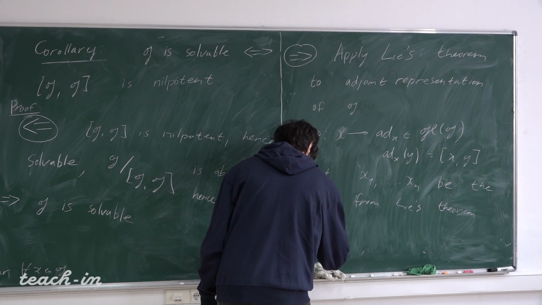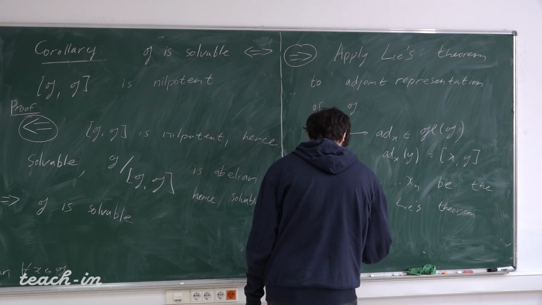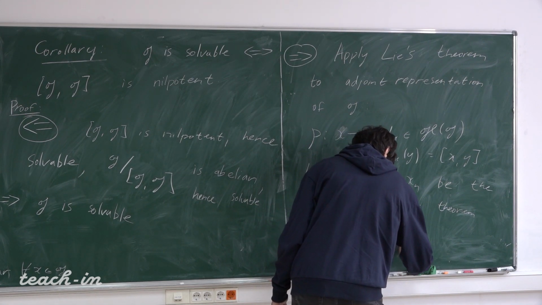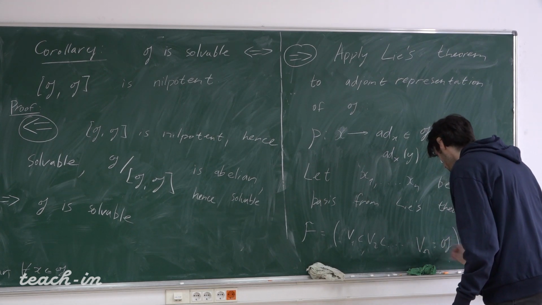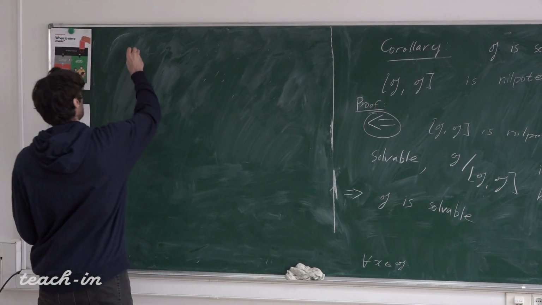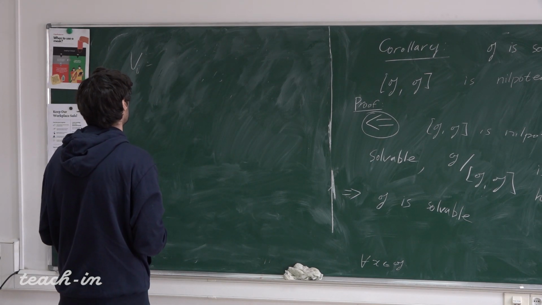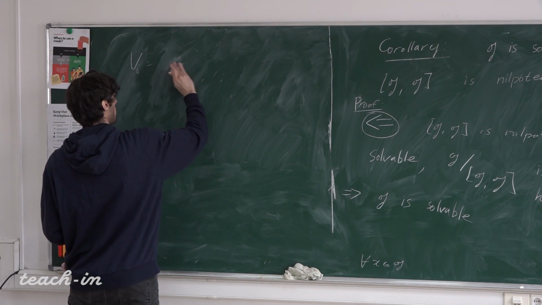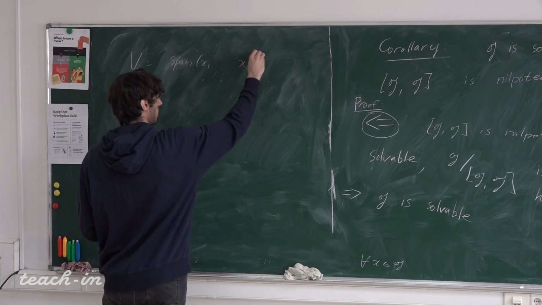So you take F, this is a full flag since it is a basis: V1, V2, and the last one is Vn, which is G itself, where Vi is the span of x1, ..., xi.